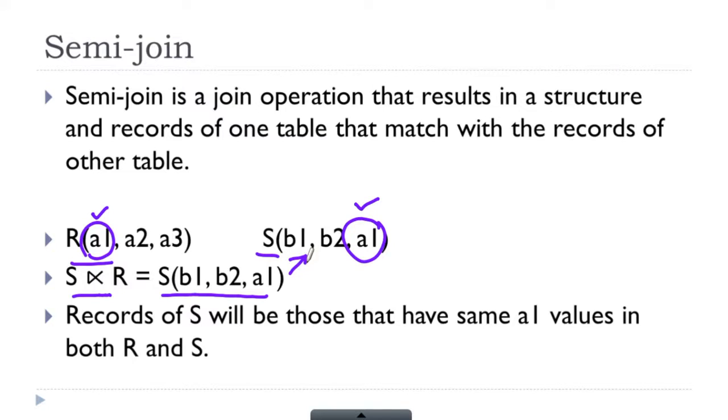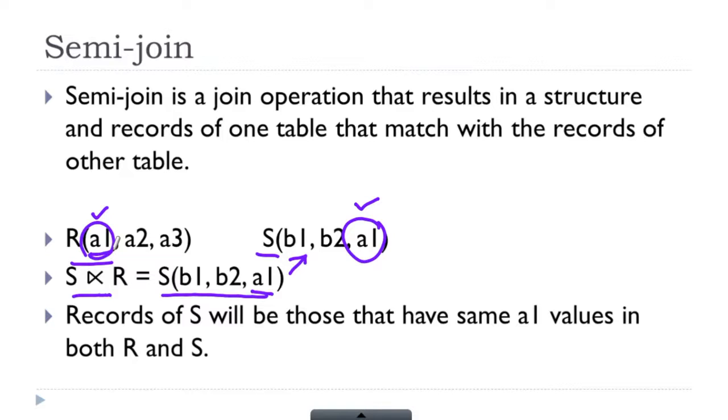But what about records? The records are filtered on comparison of A1 of table S with A1 of table R. If both values are the same, that record will be included in this fragment.